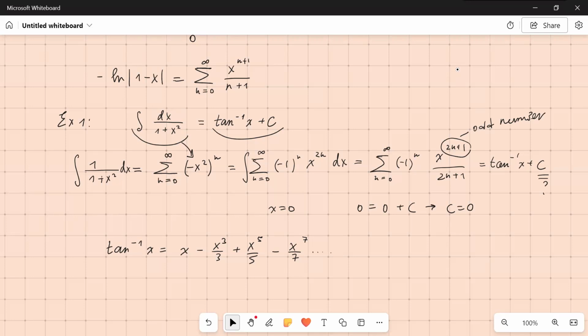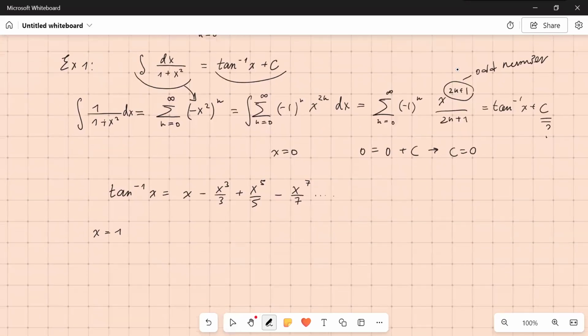How about we set x equals 1? Let's see how this is going to change. So what do we have? Tangent inverse of 1. What is tangent inverse of 1? In general, tangent inverse is the angle which gives you tangent equal to 1. You probably remember that tangent of pi over 4 is equal to 1. 45 degrees, tangent equals 1, right?